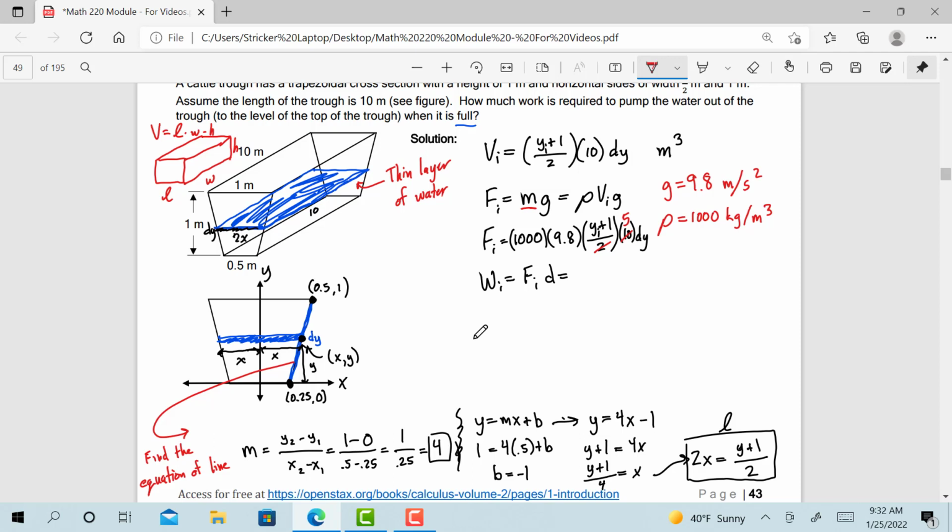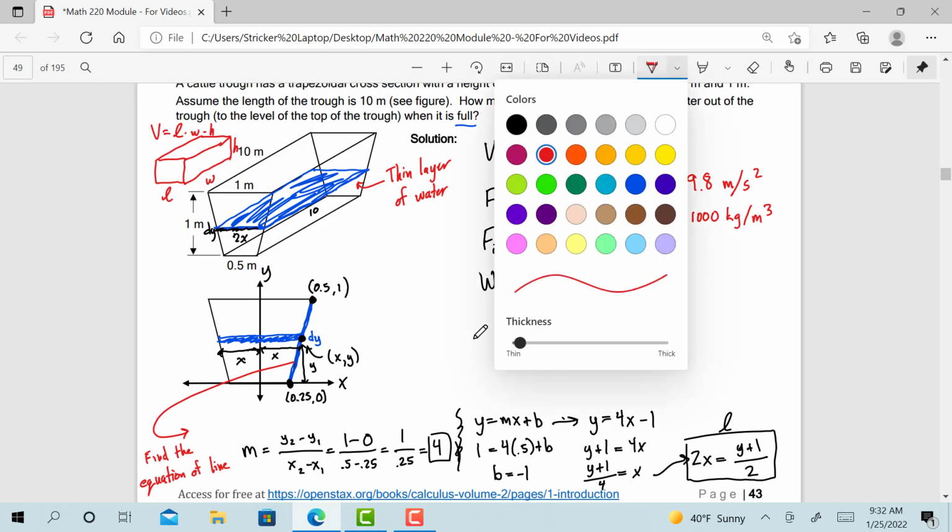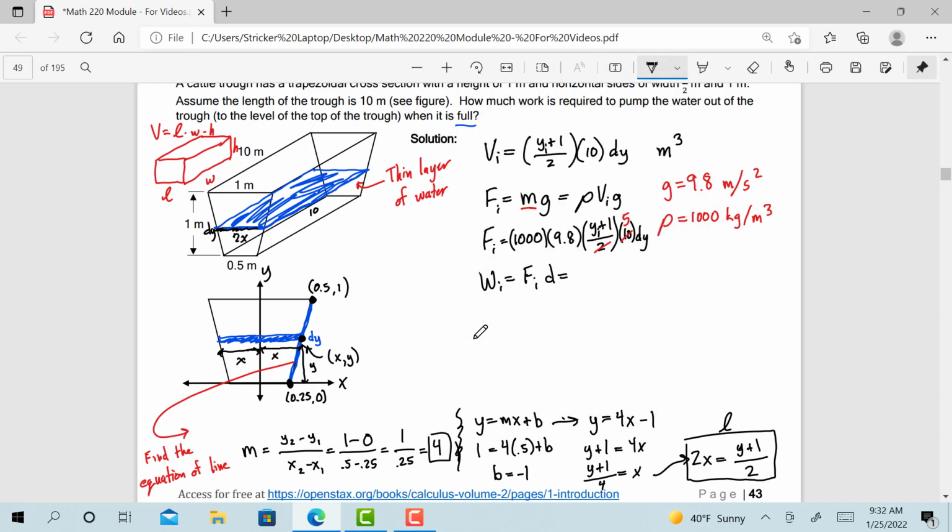So 5,000 times 9.8, that's going to be 49,000. So I'm just simplifying this. This is 49,000. That's 1,000 times 9.8 times 5 is 49,000. And we have y plus 1 times dy. And I'm going to write the dy on the end.